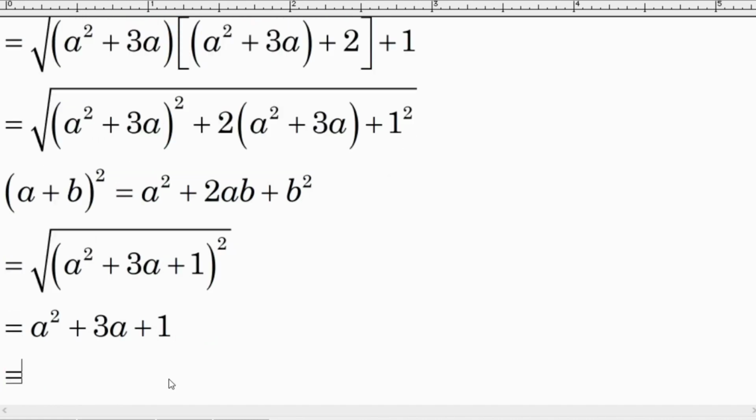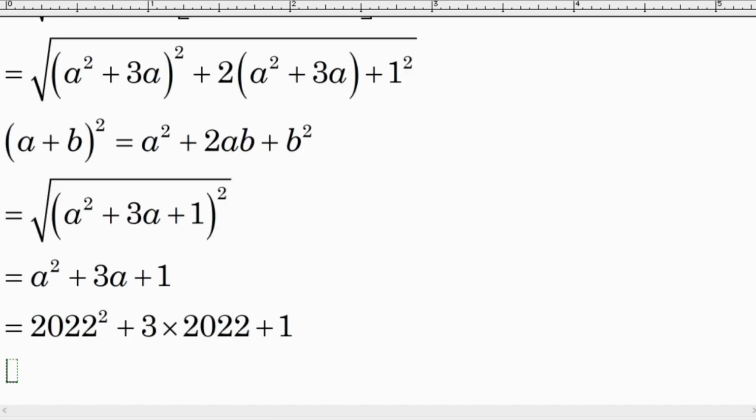Now we can take the value of a equal to 2022 and substitute into here. So we will get 2022 raised to square and then plus 3 times 2022, and then plus 1. All right, so then equal to. If we calculate this number, it just takes a little bit of your time to calculate it. But now I'm just going to put the answer for you, okay?